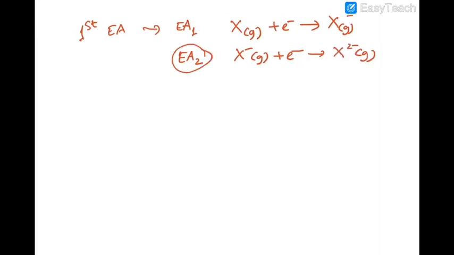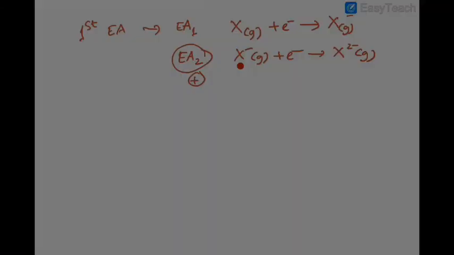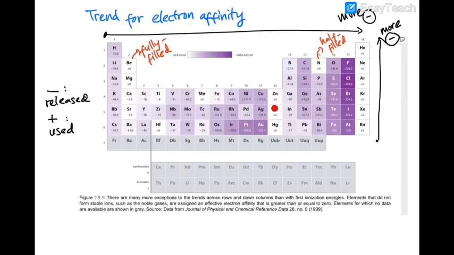For EA2, it's mostly positive because it requires energy to introduce an extra electron that will be repulsed by existing electrons in this anion. While for EA1, in this table, as you can see, mostly they are negative. However, we have several exceptions like that, especially when the configuration is fully filled or half filled.